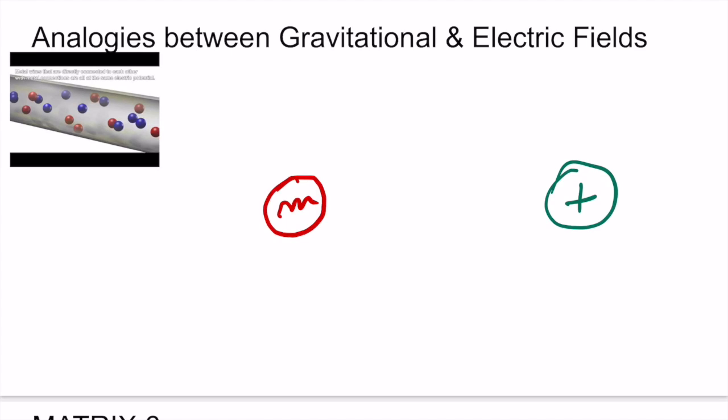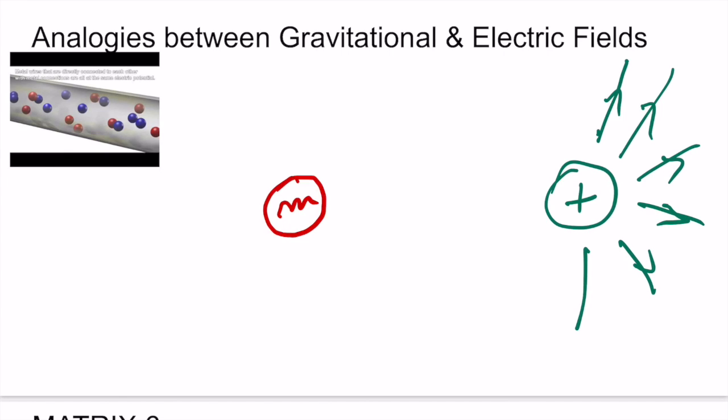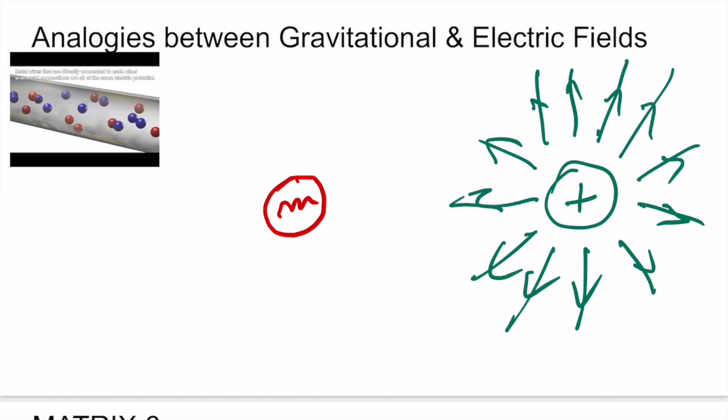But they both imply some invisible lines. We call these lines field lines. For instance, these are the field lines that we can actually visualize around a charge. This is in 3 dimensions, right? Imagine the field lines coming out in all directions.